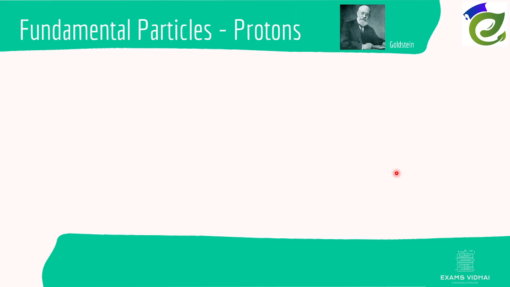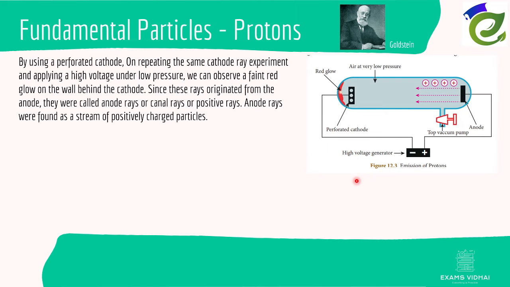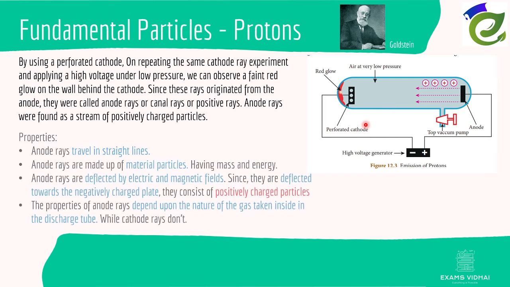And now for the protons, what Goldstein did was a similar setup to this cathode ray tube, this Crookes ray tube, right? But instead of a fully dense cathode, he used a perforated cathode, meaning it's porous. And instead of a vacuum, he pushed in air at a very low pressure, so you got a little bit of air.